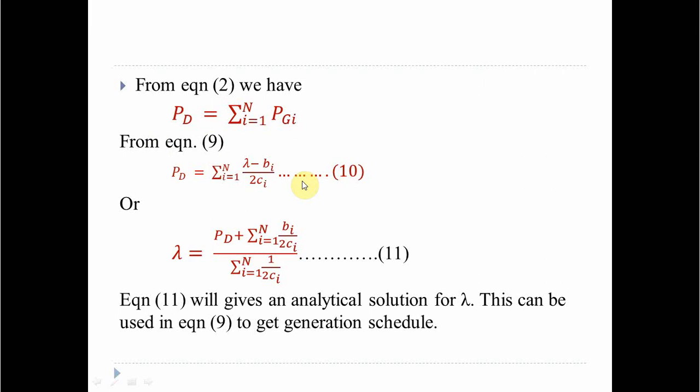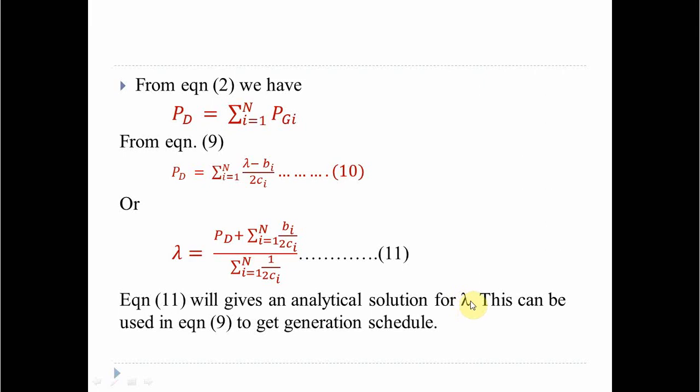Now from equation 10, I can get the value of lambda. So lambda will be expressed as PD plus summation i equal to 1 to n Bi divided by 2Ci, whole divided by summation i equal to 1 to n 1 divided by 2Ci. So using equation 11, which is a very important expression, we get the analytical solution of lambda.